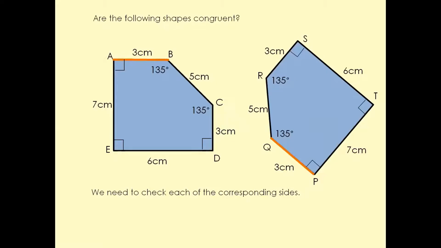So if you look at AB, it is corresponding to PQ, BC is corresponding to RQ, CD is corresponding to RS, DE corresponding to ST, and EA corresponding to TP.